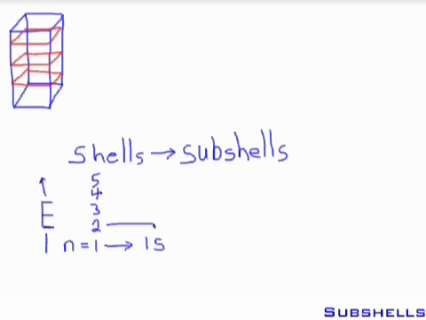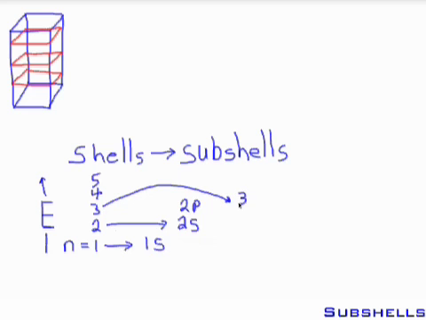The n equals 2 shell can be subdivided into 2 subshells, a 2s and a 2p. Let's do the third one over here. So I'm going to draw a nice curve over here. And we'll do the third one starting here. The n equals 3, I told you, could be subdivided into 3 subshells.